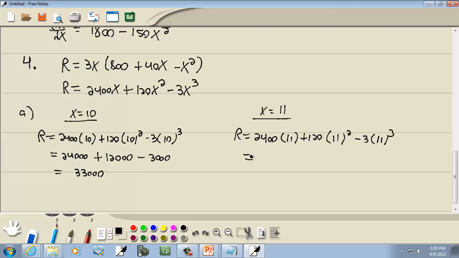Let me just plug this straight into my calculator: 2400 times 11 plus 120 times 11 squared minus 3 times 11 to the third. Okay, that gives us 36,927.